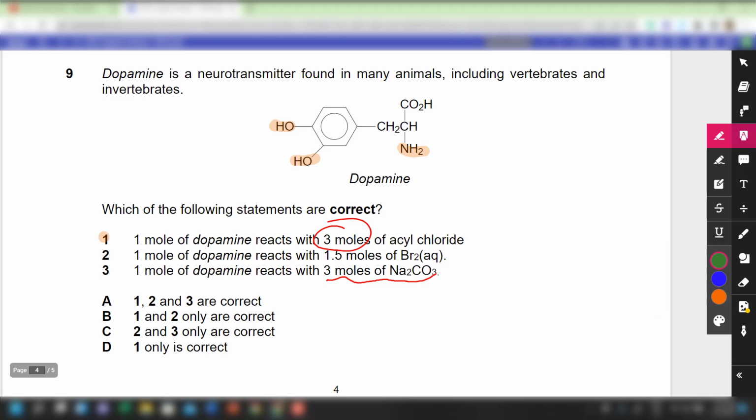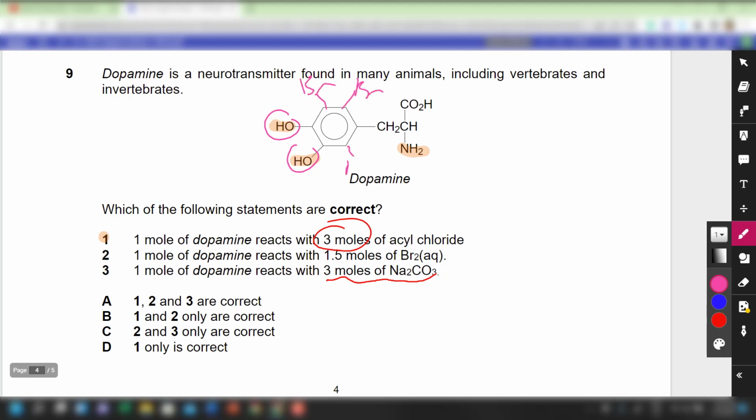Next, we look at option 2. 1 mole of dopamine reacts with 1.5 moles of aqueous bromine. So in our case here, we have 2 OH. So it is likely that it will undergo electrophilic substitution and get all the Br in. So it seems that it is correct, but not to forget, in the course of the reaction, the byproduct being produced is 3 HBr.